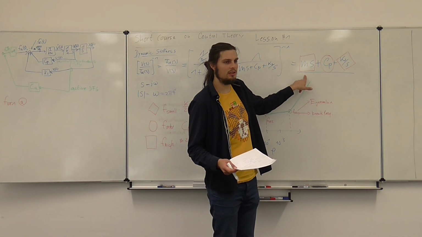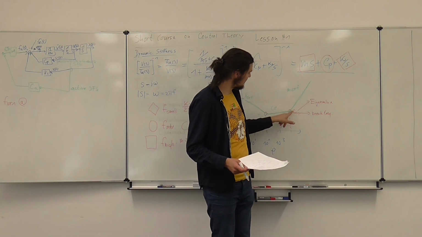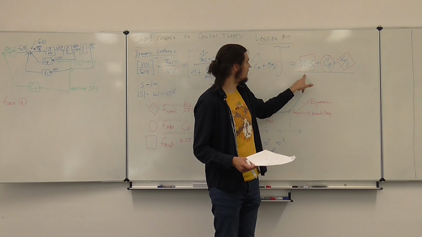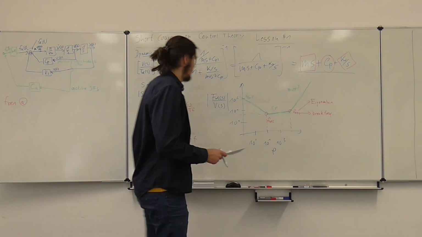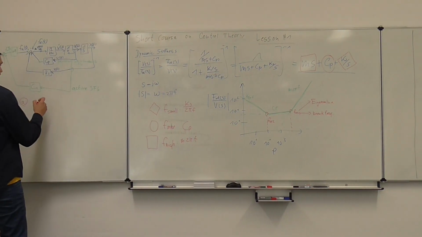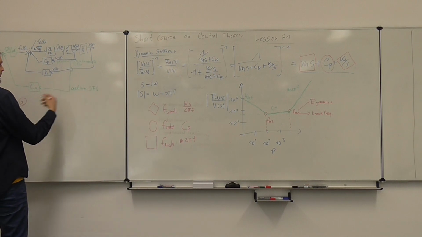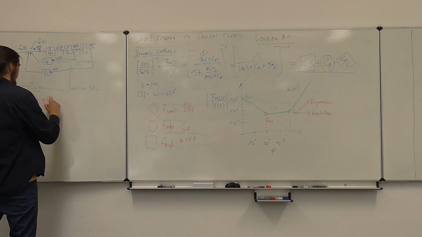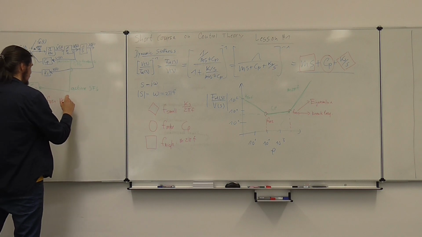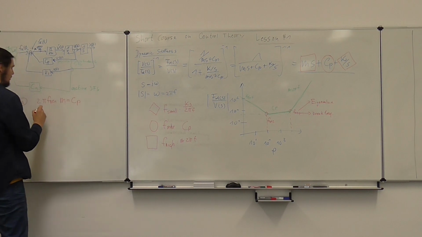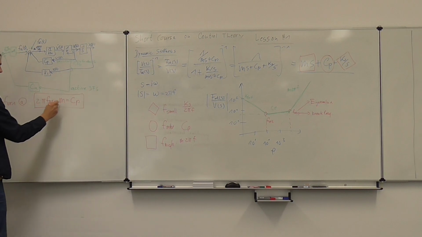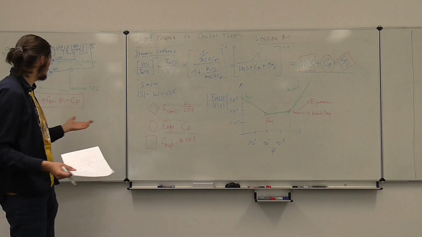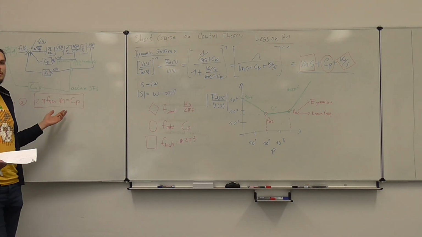They're the same, right? It's exactly when this line meets this line. So at break frequency 1, ms equals Cp. Correct? And we said s is basically 2 pi f for the magnitude. Then we knew that 2 pi f break 1 times m equals Cp. So if we know m and Cp, we know where this happens. Or if we want to have it at a certain frequency, we can also choose these parameters accordingly.